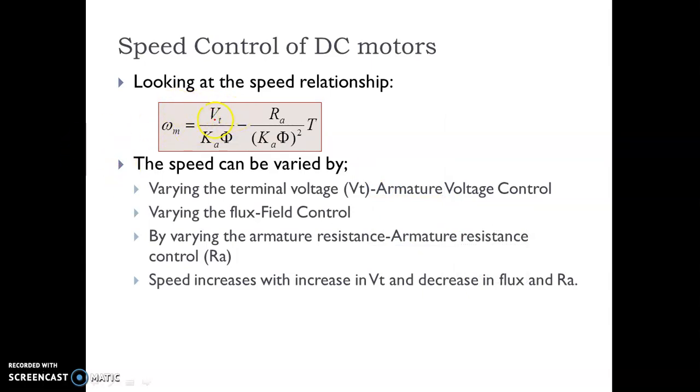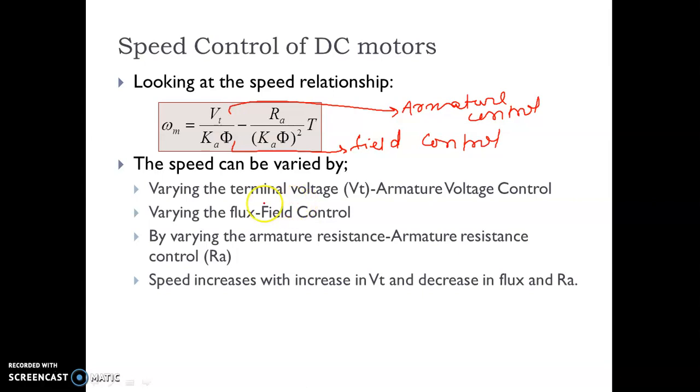Basically the speed of the DC motor is controlled by two parameters. One is called flux control, that is called field control, and another is called voltage control, that is called armature voltage control. So two methods we will see in coming videos.